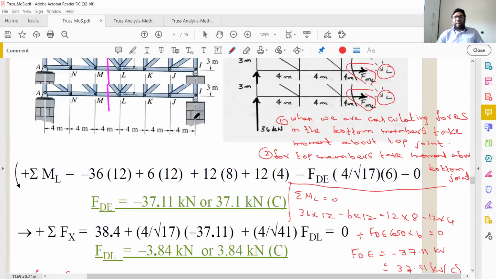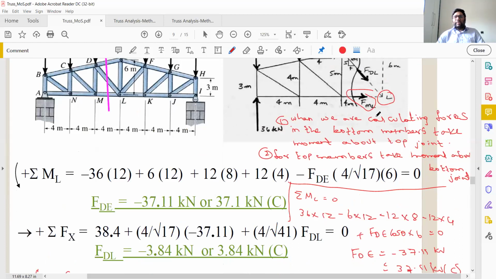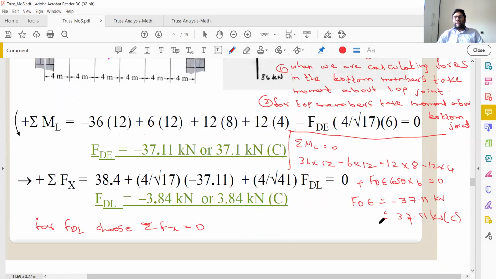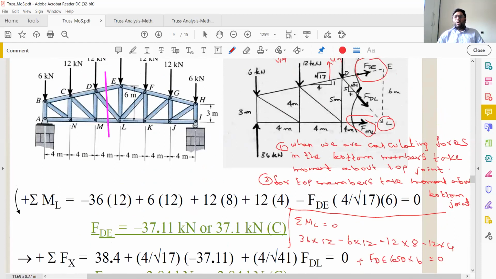As simple as that. What are the horizontal forces? FML is 1, isn't it? And 4 by root 17 into minus 37.11. So this is the one. So FDE into cos theta, horizontal. And what else we have? 4 by root 41. So that cos theta value. 4 by root 41 into FDL. That is correct, no? Simple.